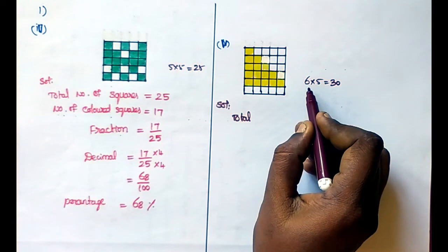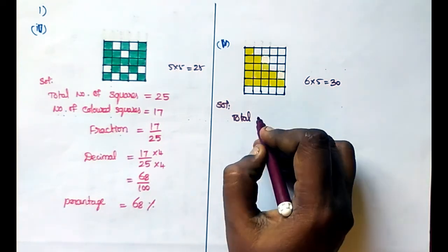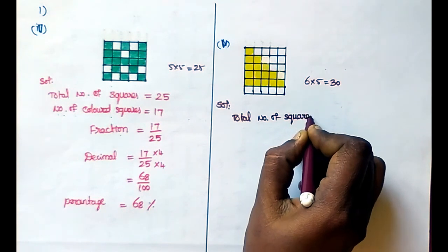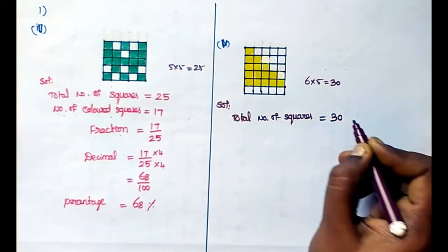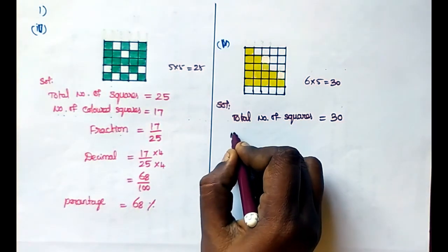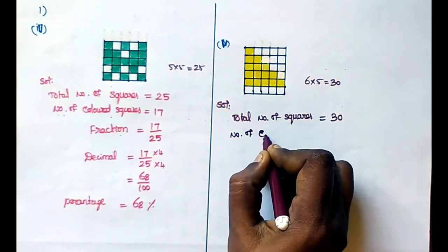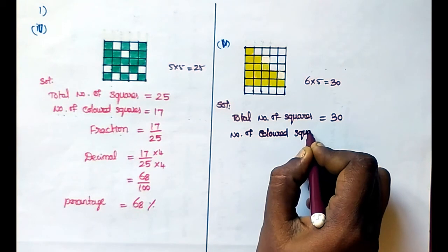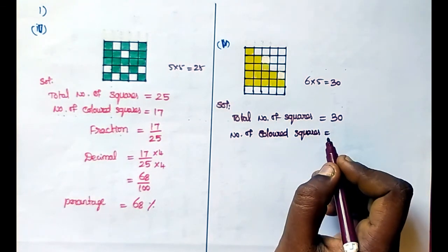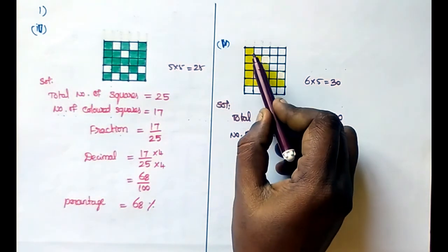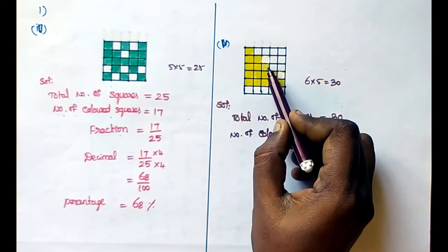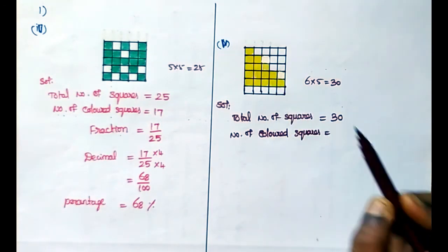Here 6 rows, 5 columns. So 30. The total number of squares is 30. Now the number of colored squares, that is 1, 2, 3, 4, 5, 6, 7, 8, 9, 10, 11, 12, 13, 14, 15.